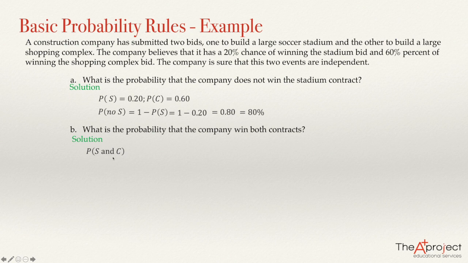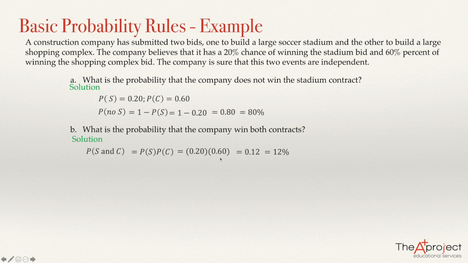Because if the two events are independent, the probability of S and C will be the product. So it will be the probability of S times the probability of C. And we know this is 0.20 and this is 0.60. So it will be 0.20 times 0.60, and this is 0.12 or 12%.